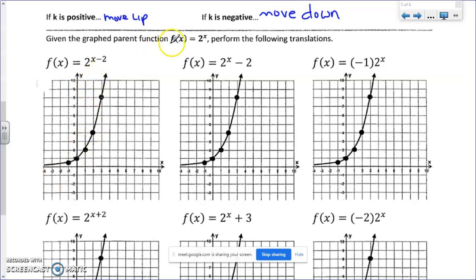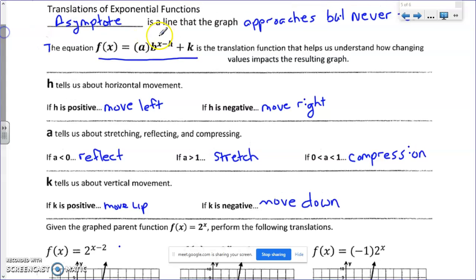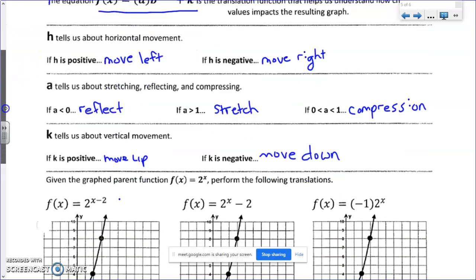So if I subtract 2 from x, what does that mean I'm going to do? x minus 2. Let's look back at her. Look, what does the h do?